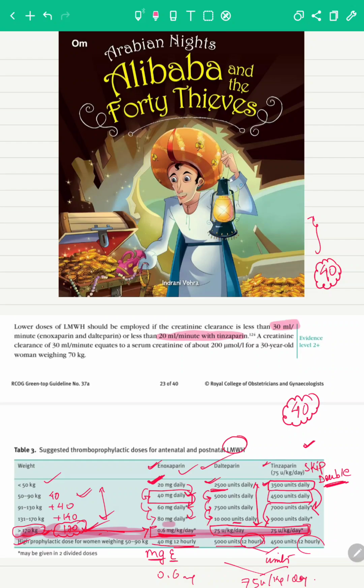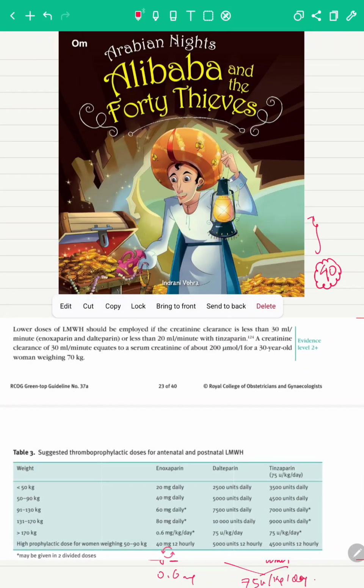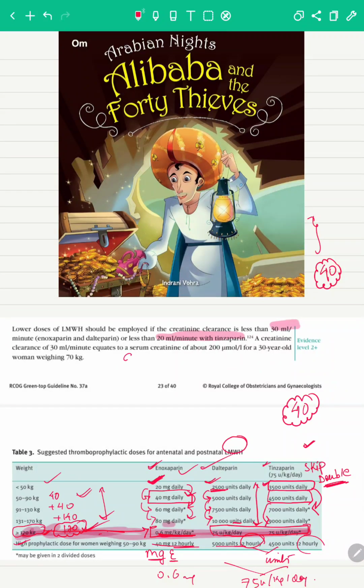And one more thing that we have to remember is that for enoxaparin and dalteparin, we have to be very careful about the creatinine clearance.